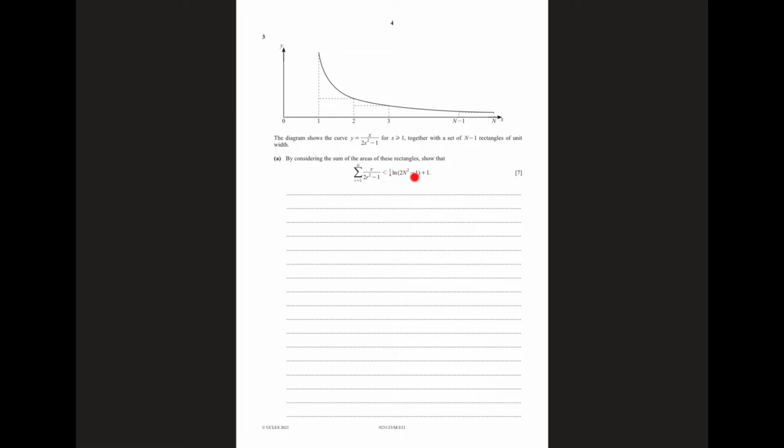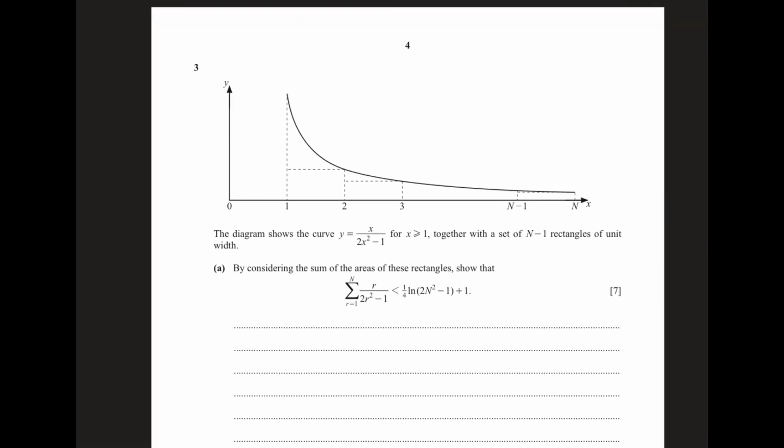So what we can do now is build up the relationship between the area of rectangles and the area under the curve. Specifically, let's say I want to find the area of the first rectangle. I call this area 1. I need to use base times height.